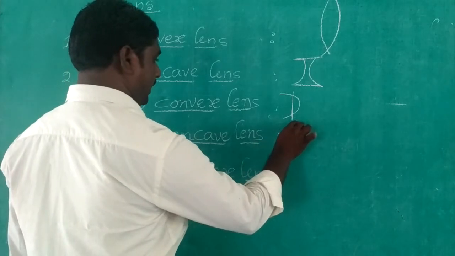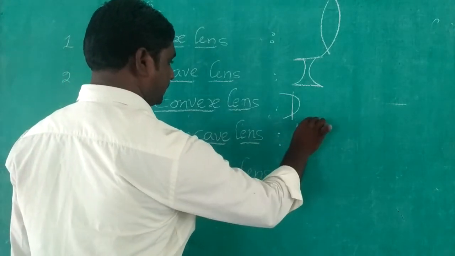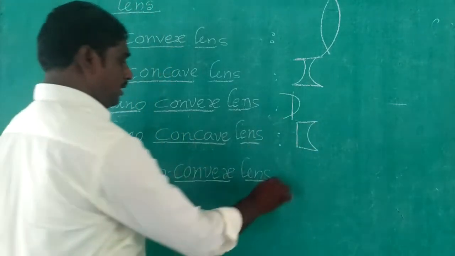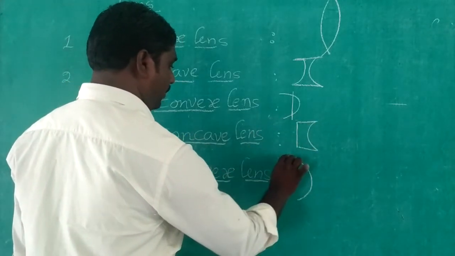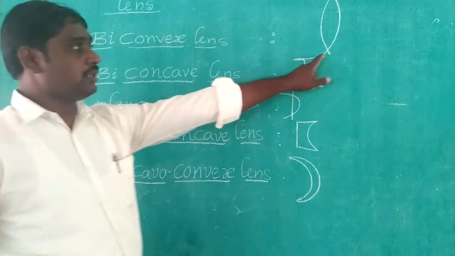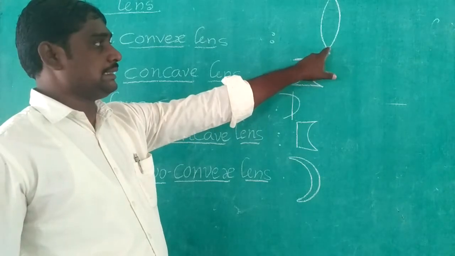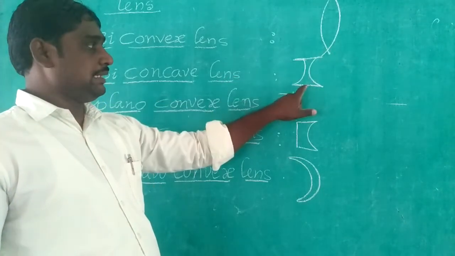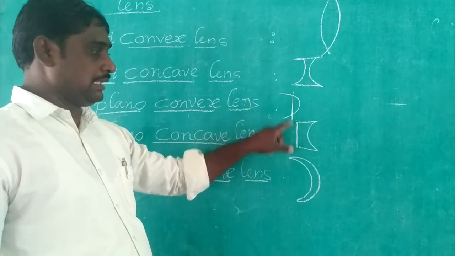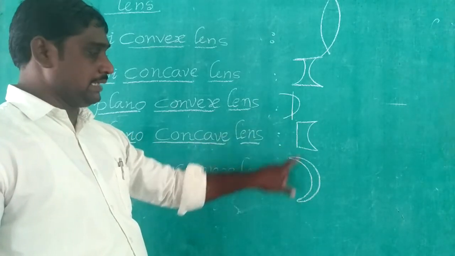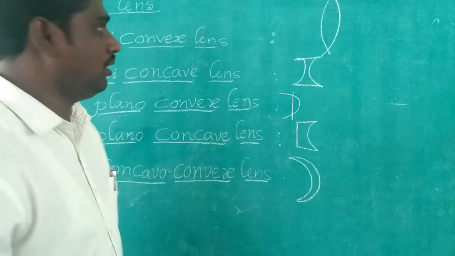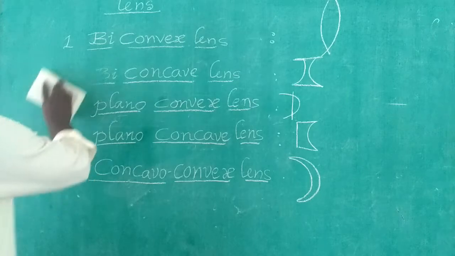This is a plano concave lens. This is a concave convex lens. Okay, students, what is this symbol? This is a convex lens. This is a concave lens. This is a plano convex lens. This is a plano concave lens. This is a concave convex lens. Next, we look at them one by one.